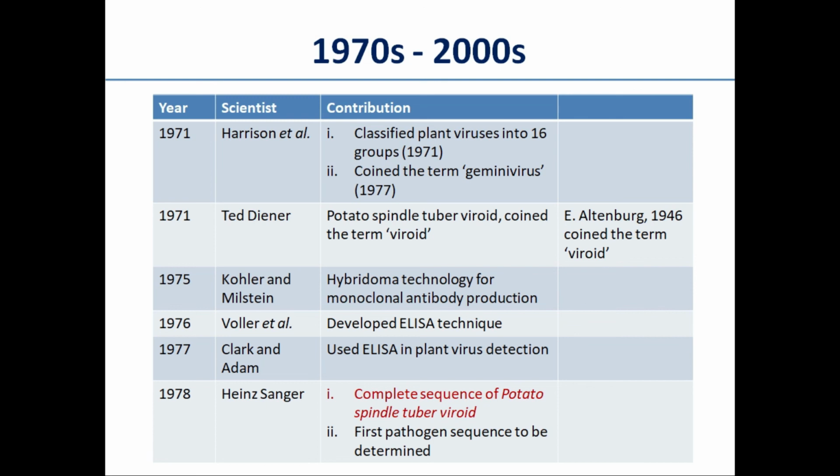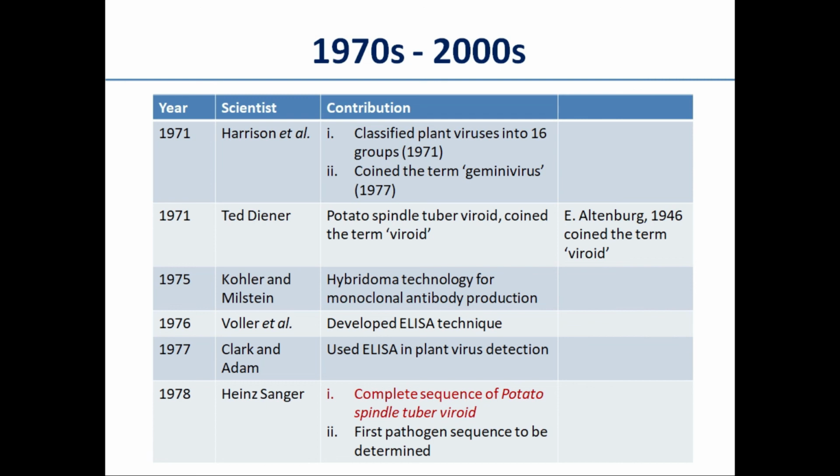Diener in the year 1971 discovered potato spindle tuber viroid. So viroid is another entity or agent of plant diseases. These are different from viruses, and he coined the term viroid. Well, he also remarked that Altenburg in the year 1946 coined the term viroid.